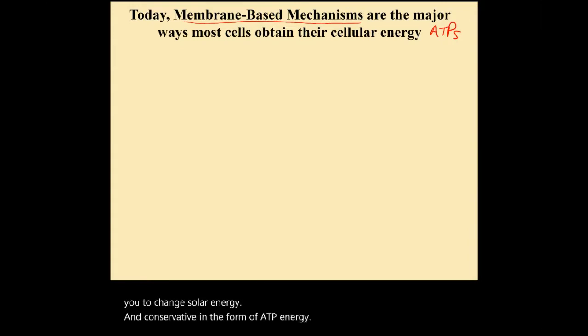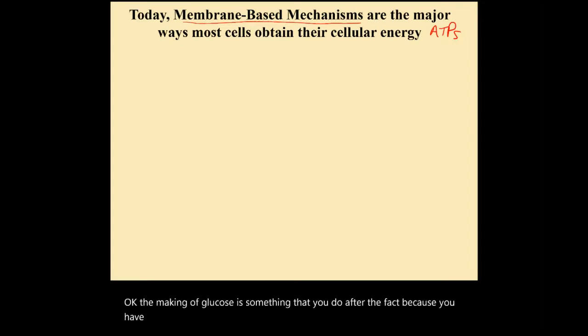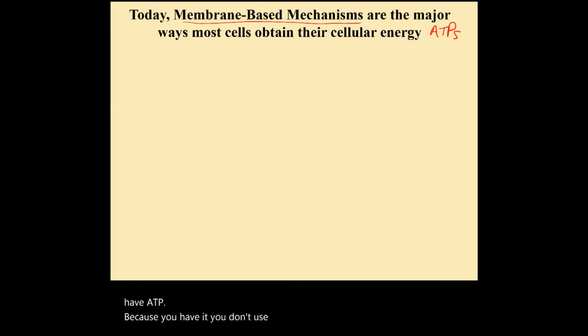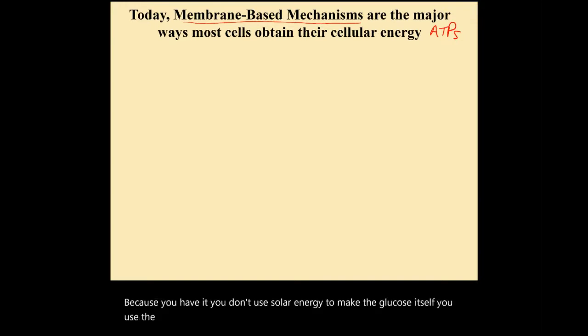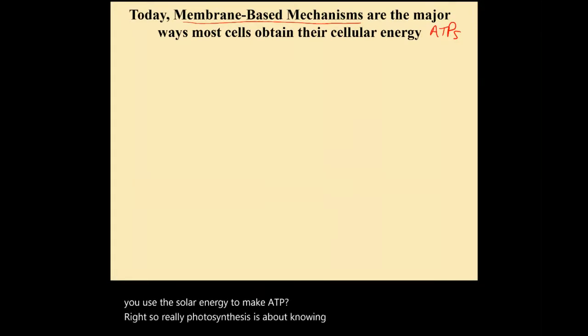The making of glucose is something that you do after the fact because you have ATP. You don't use solar energy to make the glucose itself. You use the solar energy to make ATP, right? So really, photosynthesis is about knowing how to capture solar energy to make cellular energy.